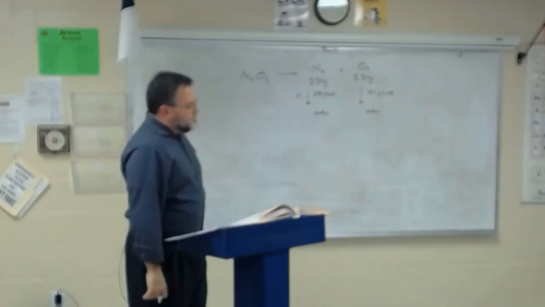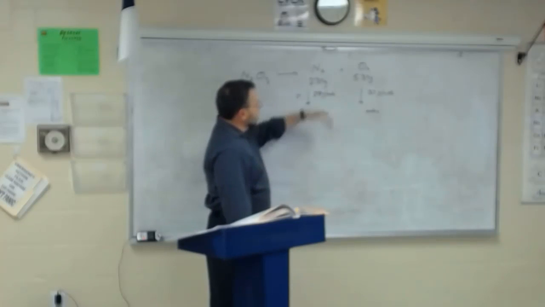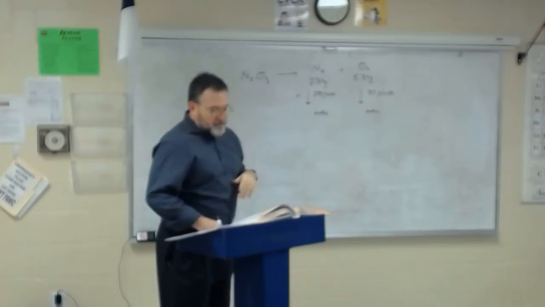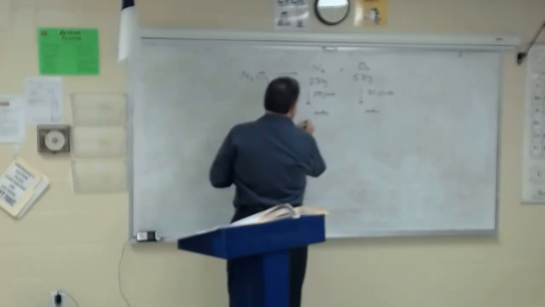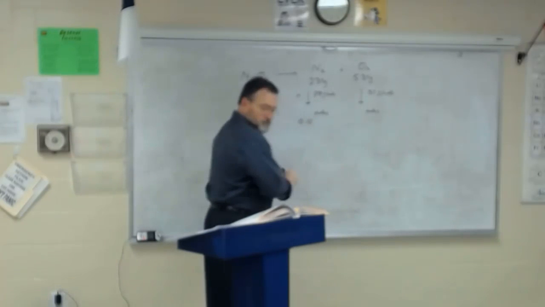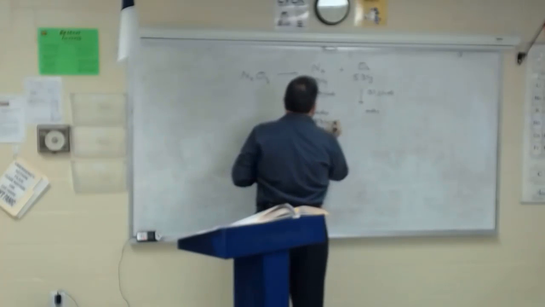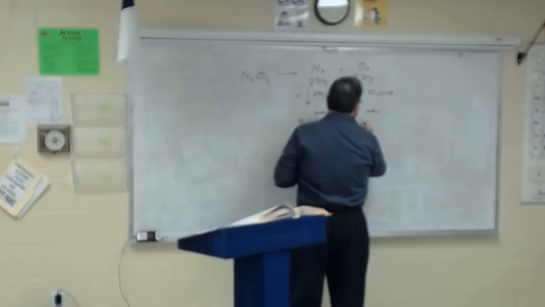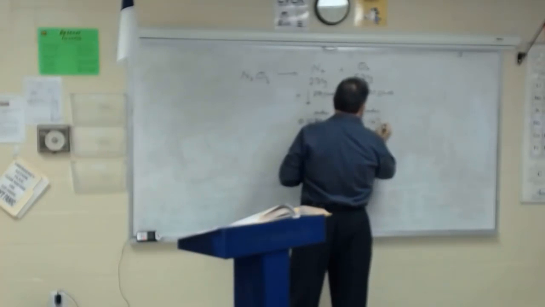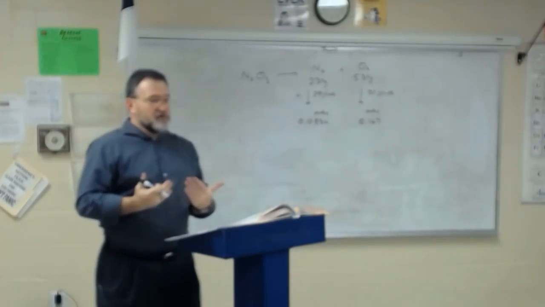When we do that, we do the math. So 2.34 divided by 28 and 5.34 divided by 32, the math tells us that we have 0.0836 moles of nitrogen and 0.167 moles of O2. That's how much was produced.